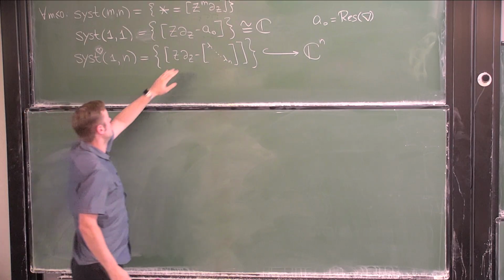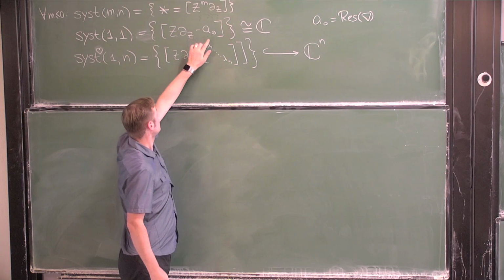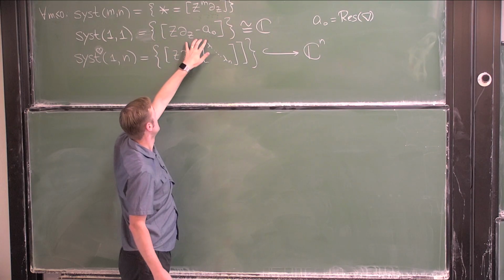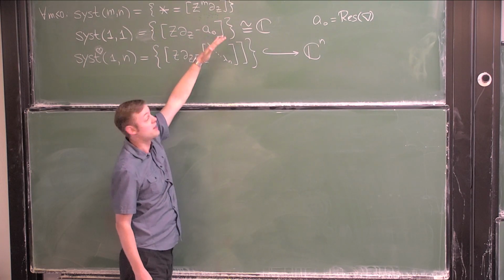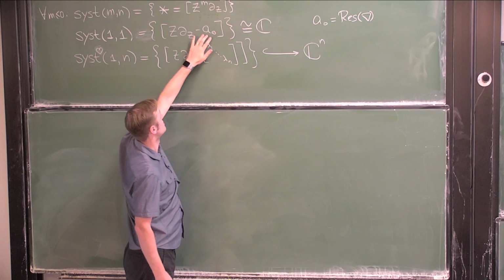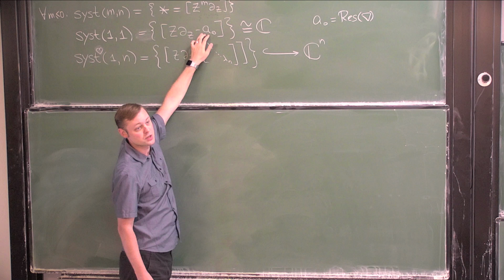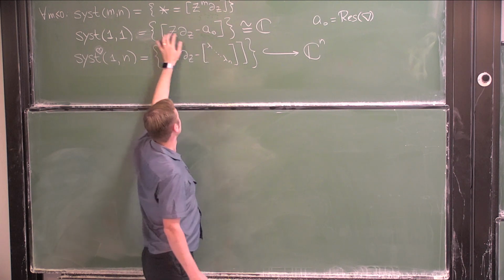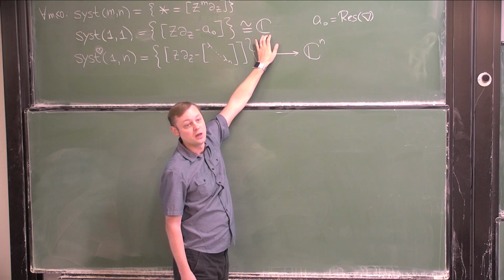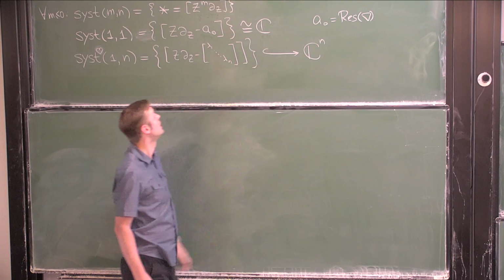That means any system is equivalent to a normal form where we just have the residue and nothing else. These systems are clearly parameterized by the choice of the residue, which is a number in C. So the whole moduli space is isomorphic to a copy of C.